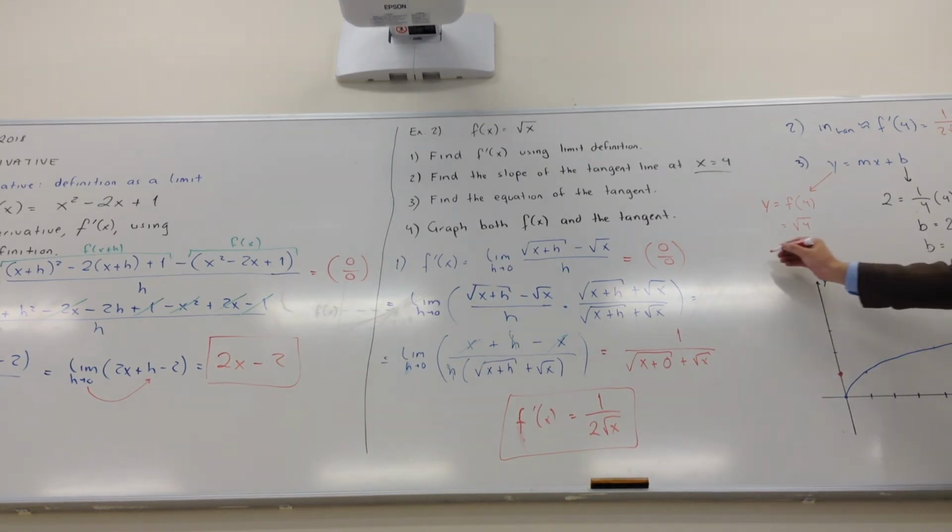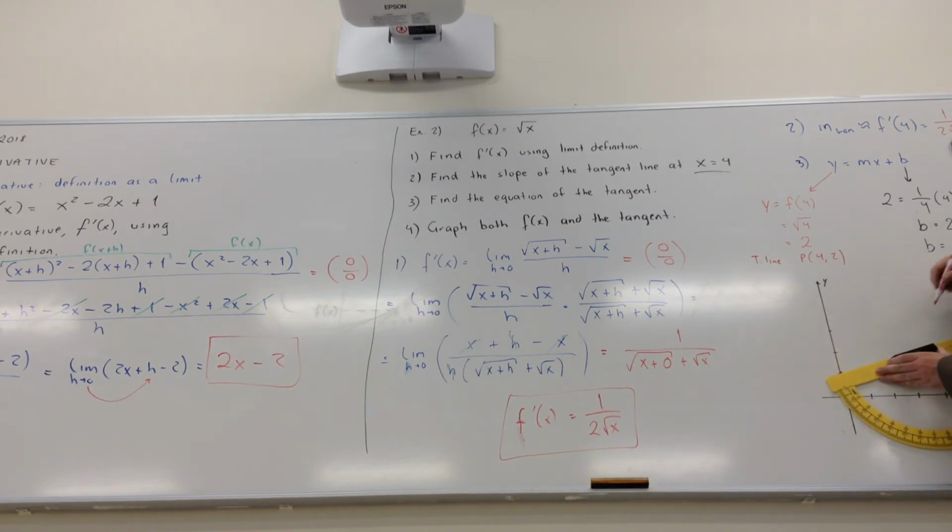The point that I have for the tangent line is the point 4,2. Why? Because it's the point on the graph of the function and on the tangent line. So it's here. I'm drawing the line. And the answer, same answer.